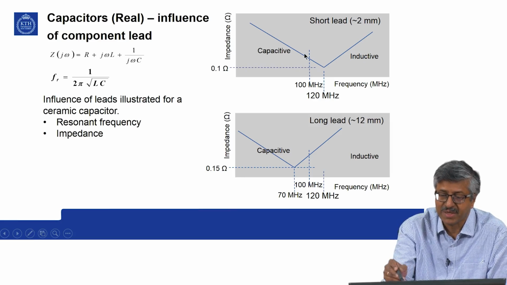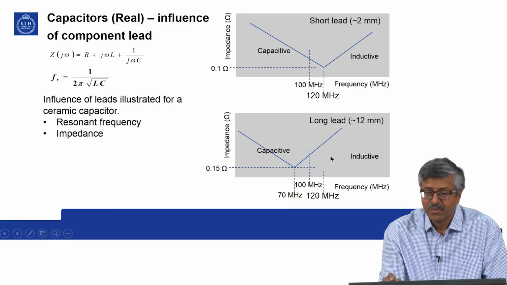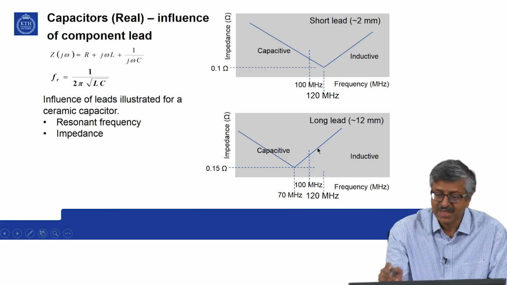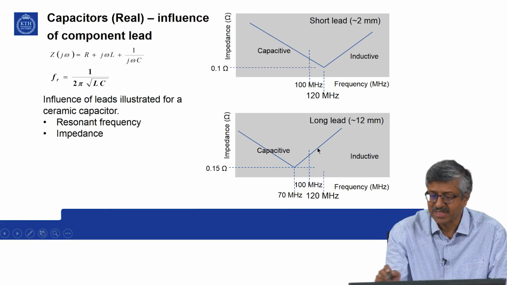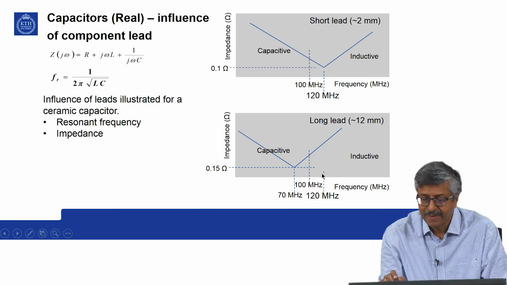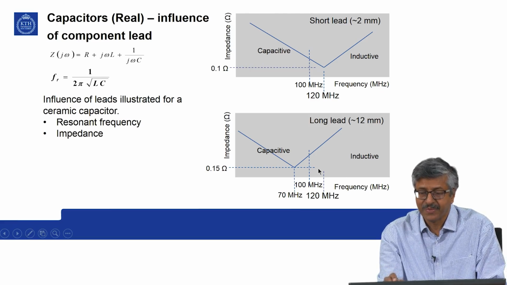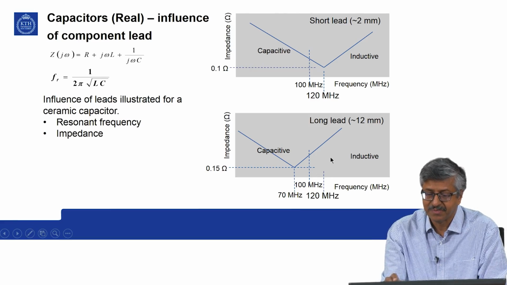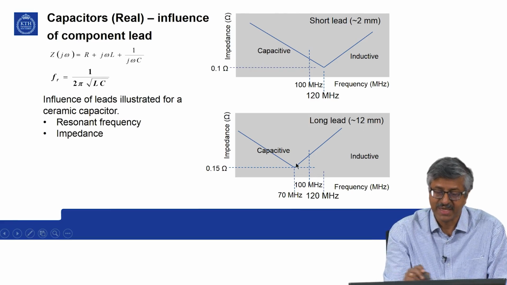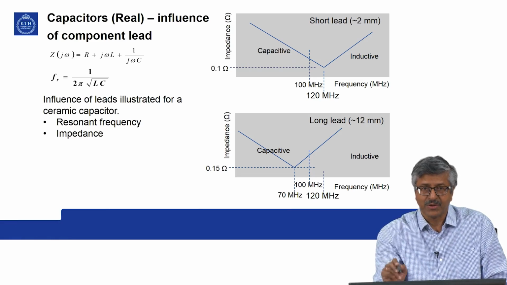It will be like a capacitive element. Whereas, another person taking the same component for the same application may have a long lead, and then the resonant frequency of that will be lower, because parasitic inductance is now larger, and resistance is also larger.